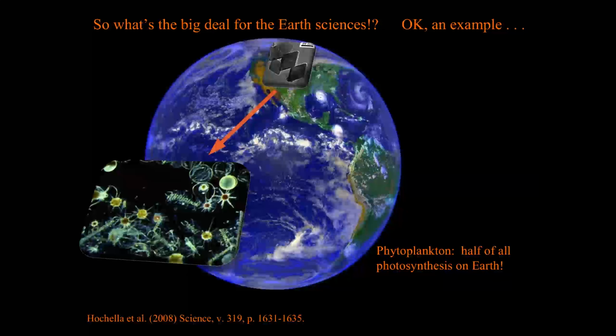So as it says there at the top, so what's the big deal in the earth sciences? And here's an example. So you look at the northern hemisphere there at North America, and you see an overlay of these diamond-shaped crystals. And these are actually just hematite, iron oxide nanocrystals that are found throughout all soils, pretty much around the planet.